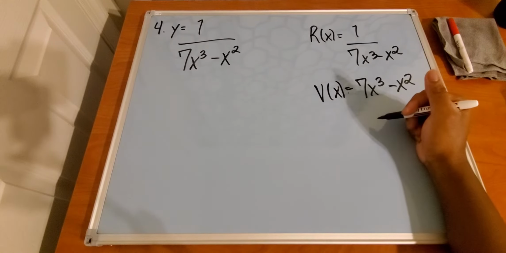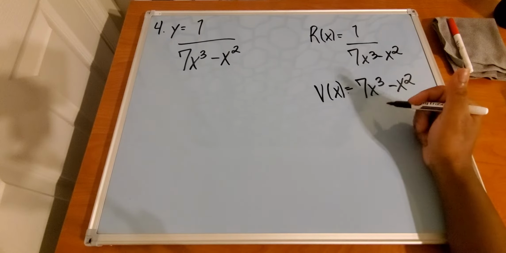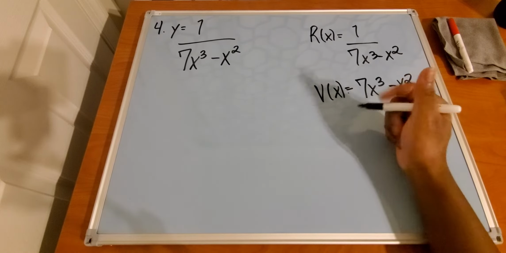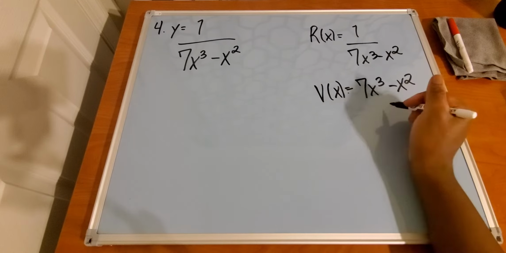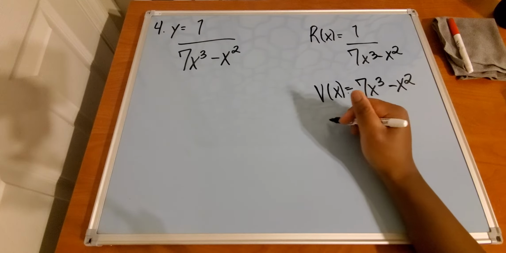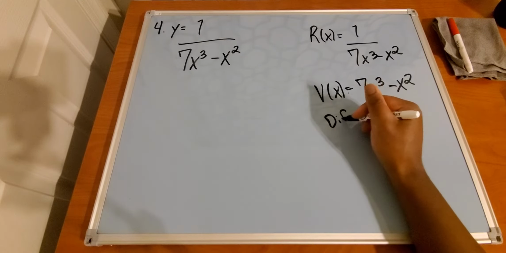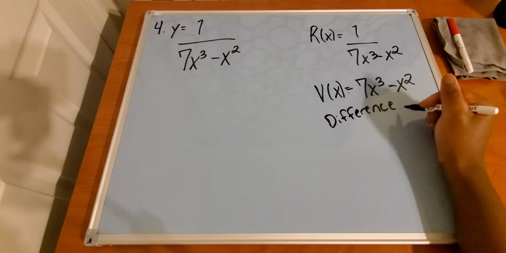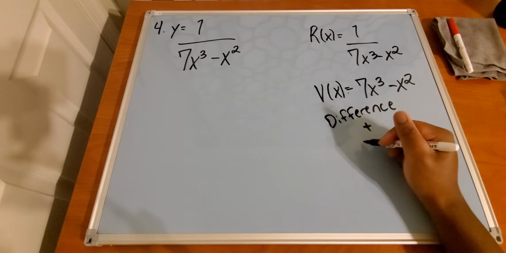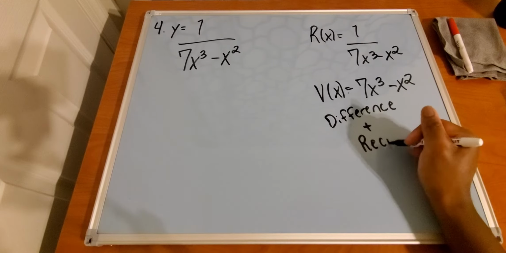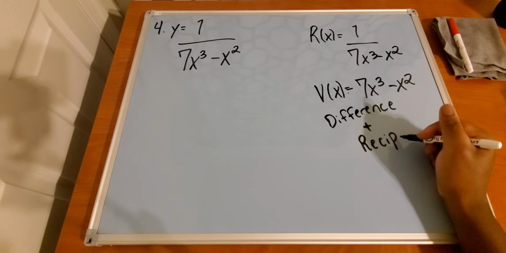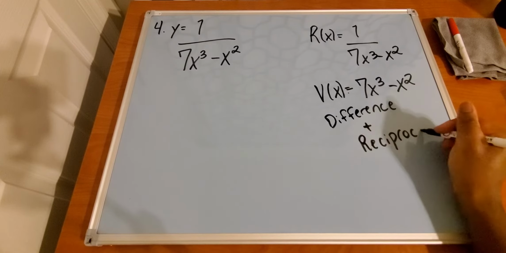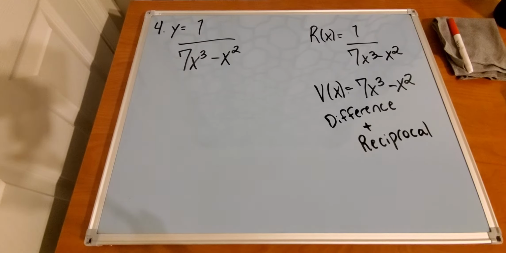This one is kind of similar to the last one, except it's a little bit more straightforward. So in order to find the derivative of this one, we need to use the difference rule. So the difference rule and the reciprocal rule. Spelling is not my strong suit, but this is math, not English.